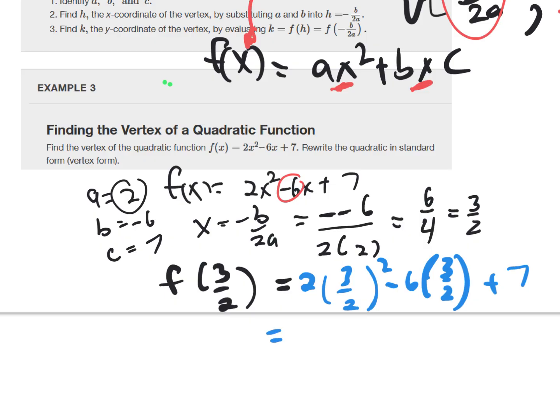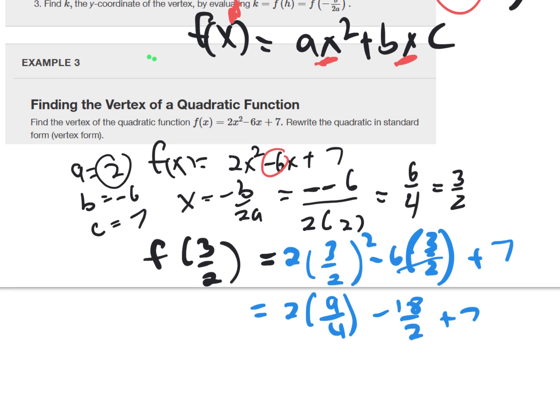So equals 2 times 9/4, since 3 times 3 is 9 and 2 times 2 is 4. That's after I squared it. And then this 6 times 3 is 18, all divided by the 2. So it's minus 18 divided by 2 plus 7.